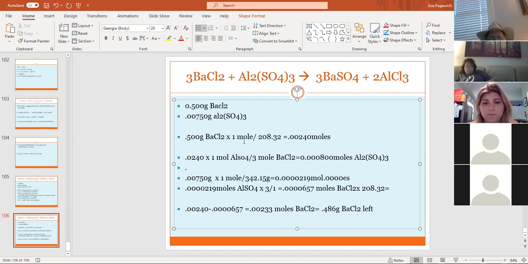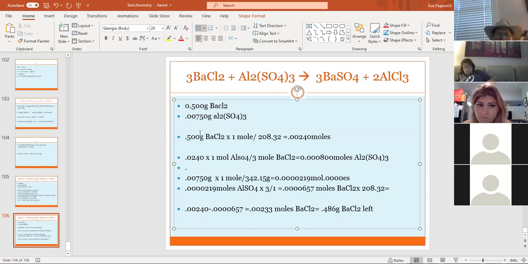If I have 0.500 grams of barium chloride and 0.00750 grams of aluminum sulfate, I think my barium chloride is going to be my limiting reagent. So I have to figure out how much aluminum sulfate was used up. Again, it's just a straight stoichiometric problem.